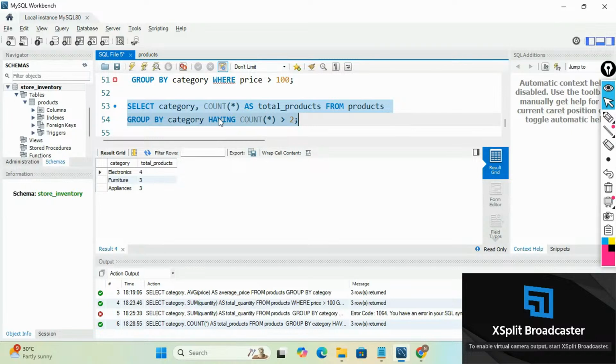The reason is, in all 3 cases, after grouping, you'll get the count, right? Because we are using count star as part of the select part, so you'll have it in the output. But is it meeting the condition of having? Yes, the count of records under each and every category is greater than 2. Okay, I will make it 3. Sure.